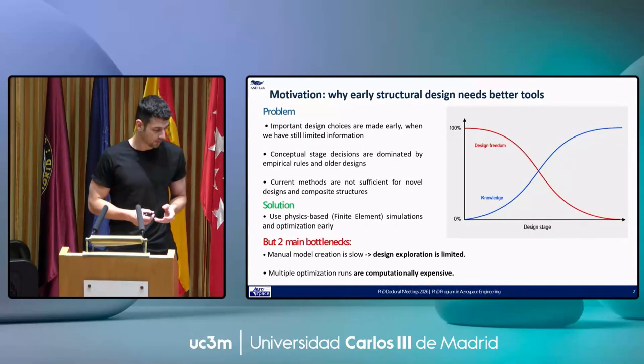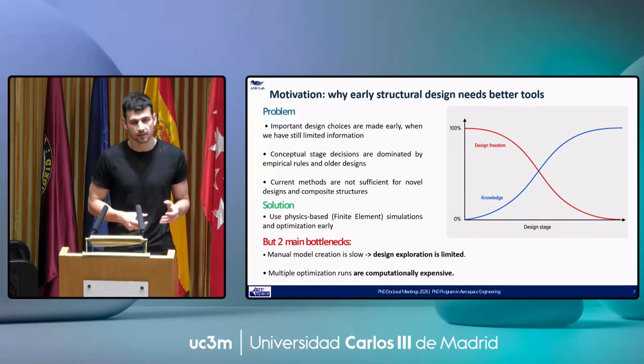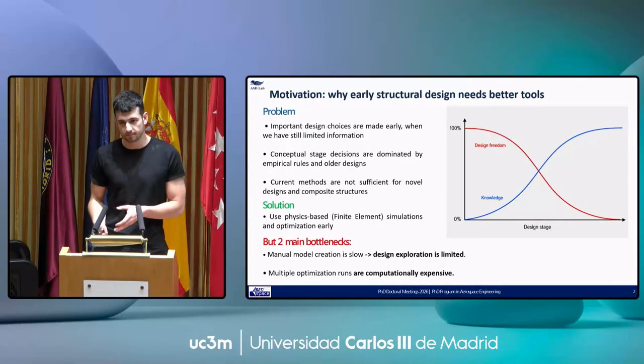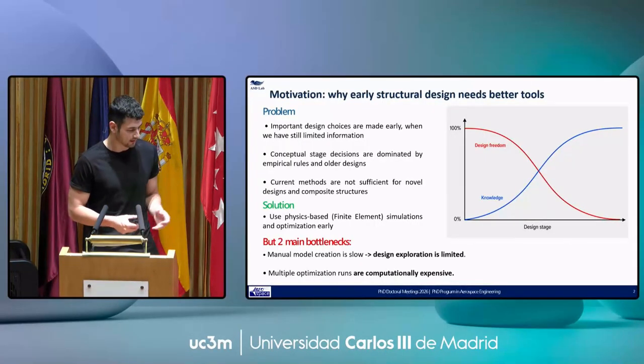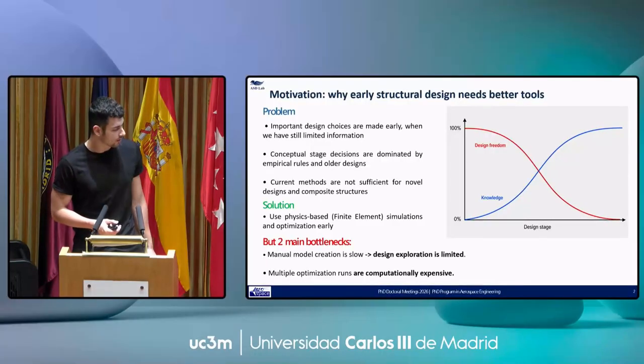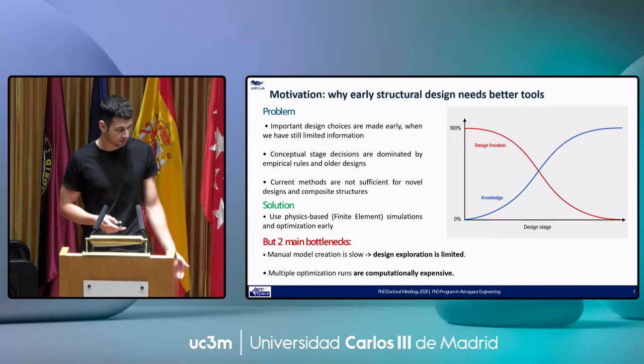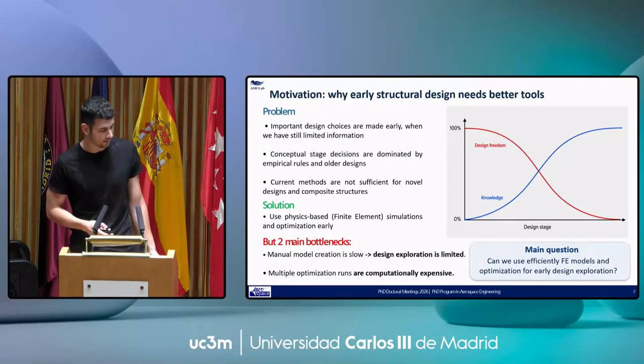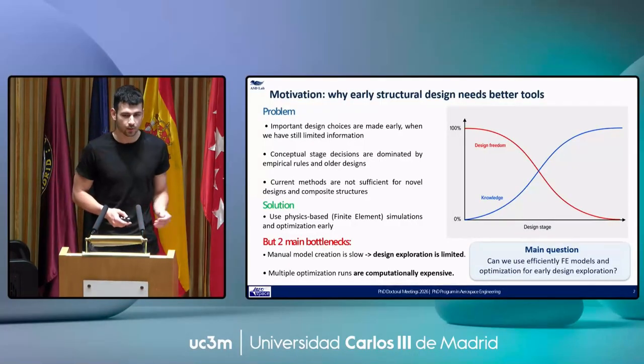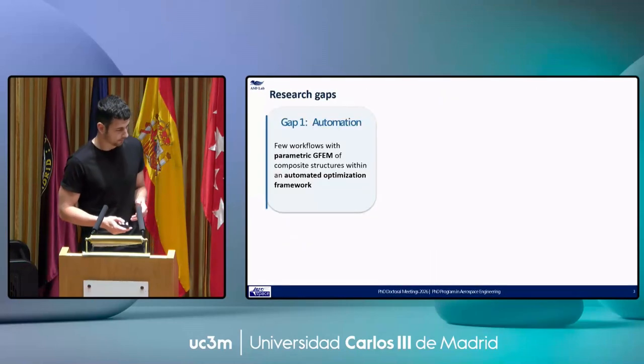But we have two main problems with this. The first one being that generating a detailed model manually is tedious and very slow, and also running multiple optimizations is very computationally expensive. So the main question is, can we efficiently use finite element models for design exploration from early?